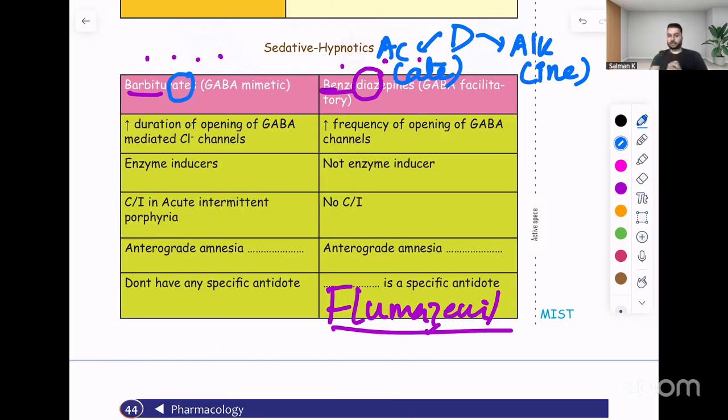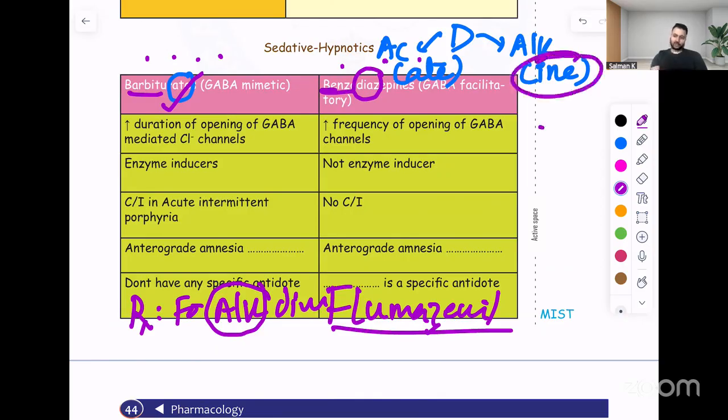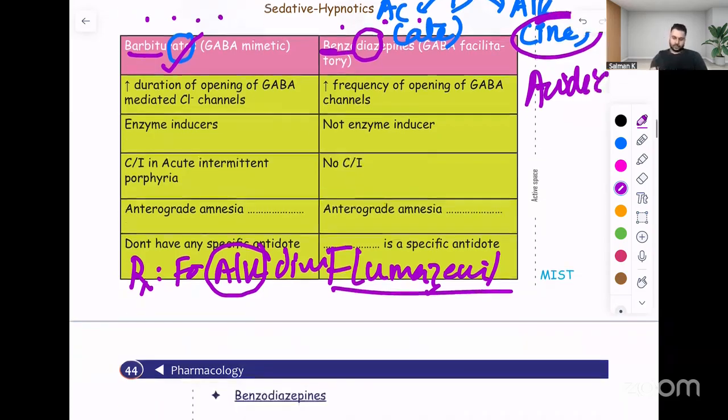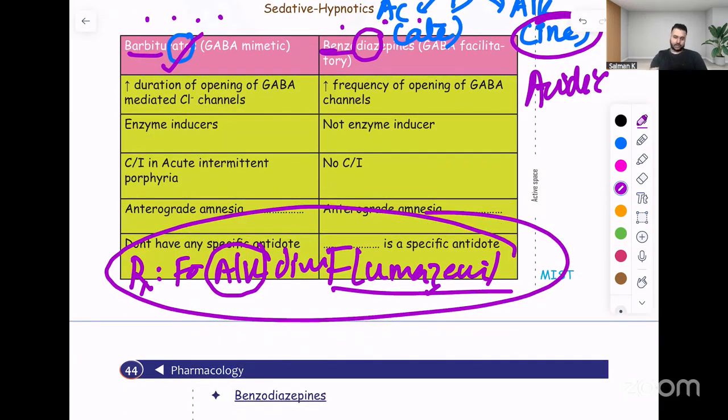To remove an acidic drug, make the body alkaline so that the drug becomes uncomfortable and gets out. I'll give you few seconds to process. Acidic drug should be removed by making the body alkaline. So barbiturates are removed by doing something called forced alkaline diuresis. Since the drug is acidic, remove it by alkaline. If the drug is alkaline, remove it by making the body acidic. That's all. Okay. So that's it. Antidotes. This is very important here. They will love to ask that.